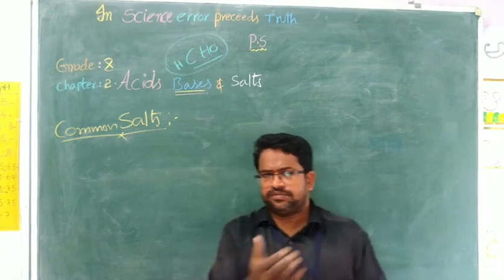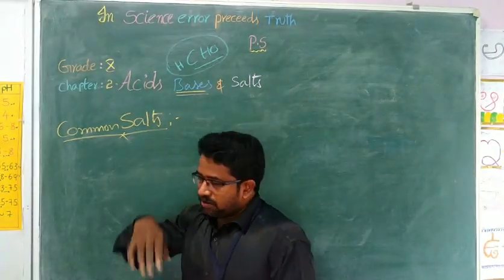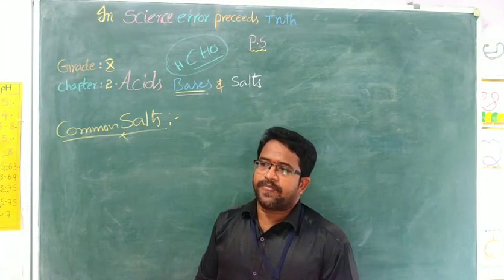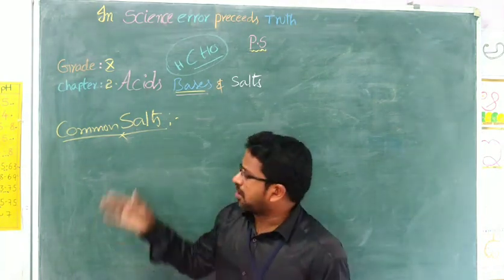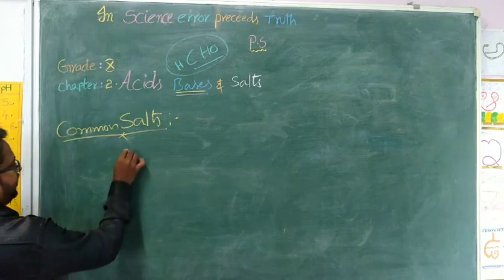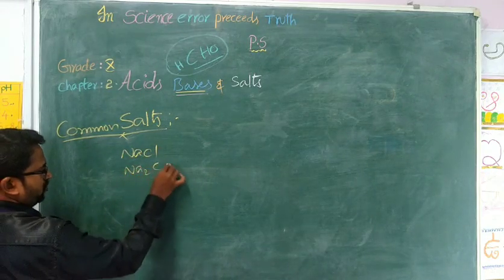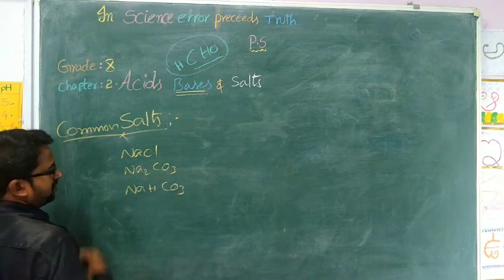Before, in some olden days, people believed common salt meant NaCl, sodium chloride. No. Table salt is NaCl. Common salts means so many common salts are there. NaCl is a common salt. Na2CO3 is a common salt. NaHCO3 is a common salt.